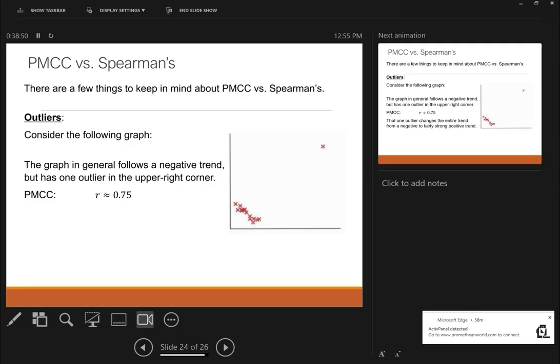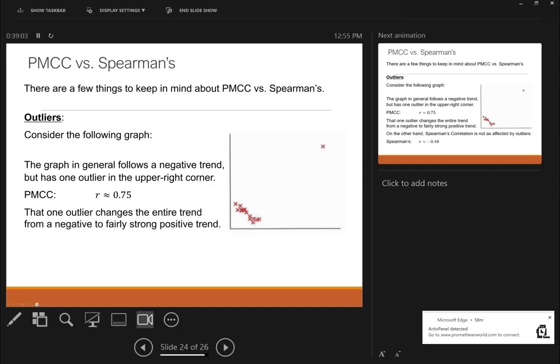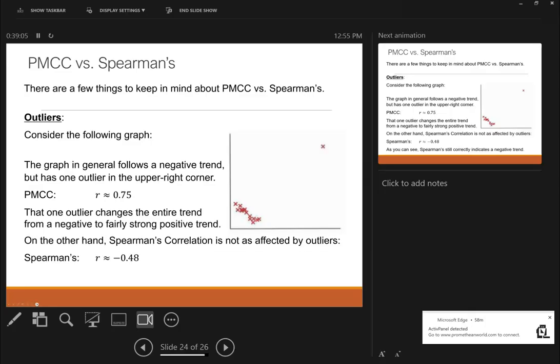You get a positive R value just because of that itty-bitty outlier there. What about Spearman? Again, we should still have a negative R value for Spearman, right? Without the outlier? With the outlier, still negative. What's the takeaway? Outliers affect Pearson more than they would a Spearman. Okay?